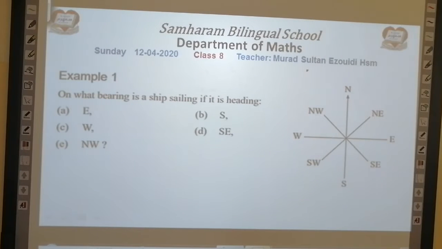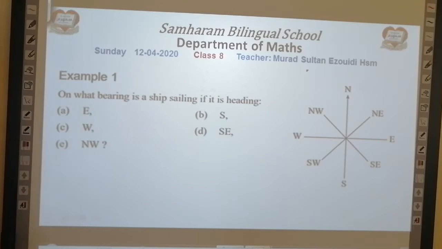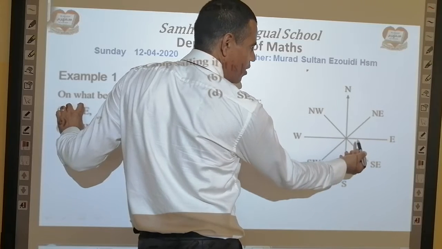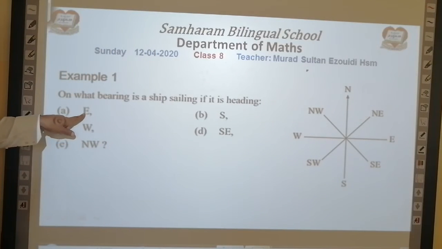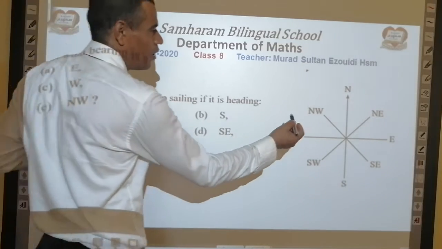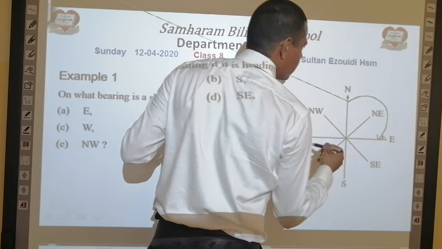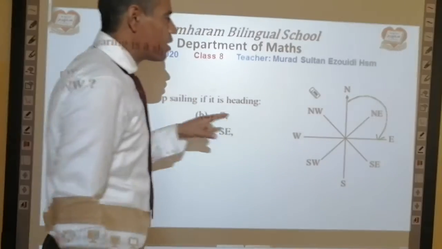Okay, in what bearing is the ship sailing if it is heading to E? We told that we should measure clockwise north direction. Okay, look to the point E. The ship will sail from the north direction to E, like that. So, what is this?